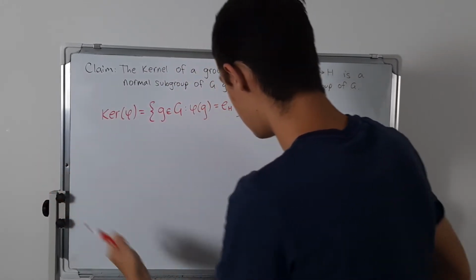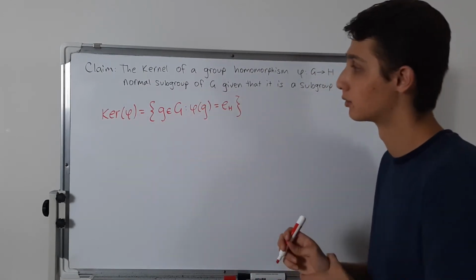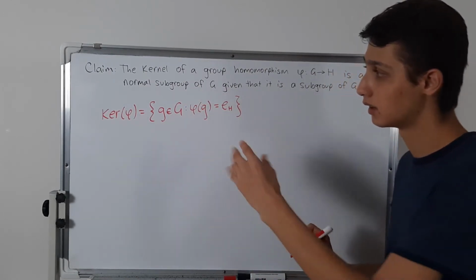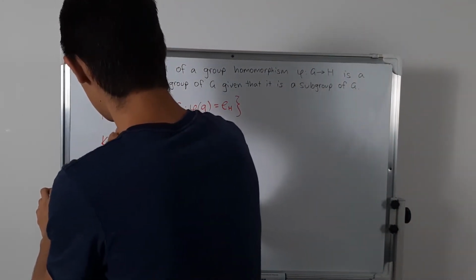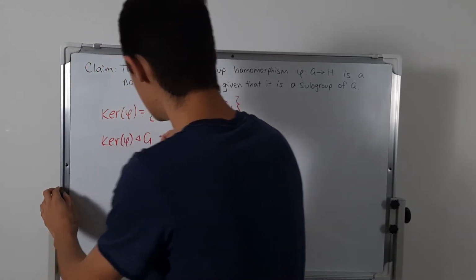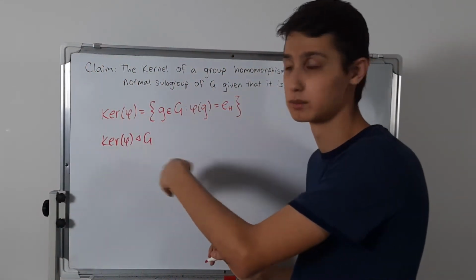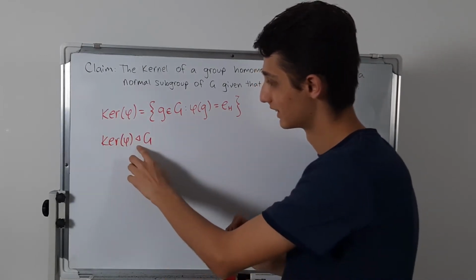Now let's also review what it means for something to be a normal subgroup. In this case, what we're trying to show is that the kernel of phi is a normal subgroup of G. Our symbol for a normal subgroup is a little triangle pointing that way, basically like a less than sign.